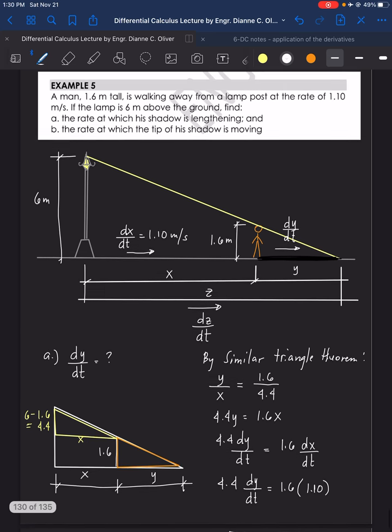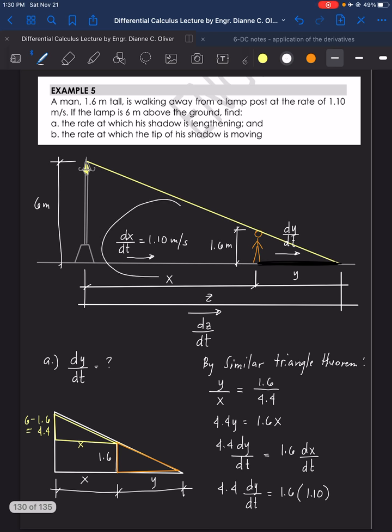So knowing the rate at which the man is walking, we were able to get also the rate at which the length of his shadow, the rate at which his shadow is lengthening.